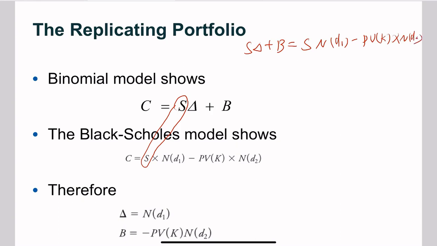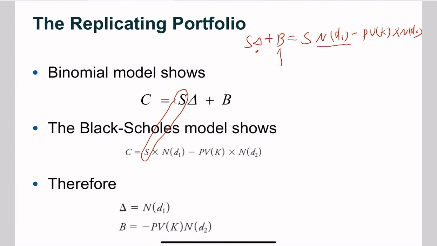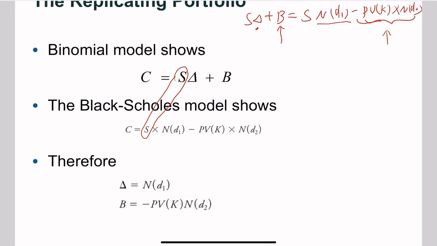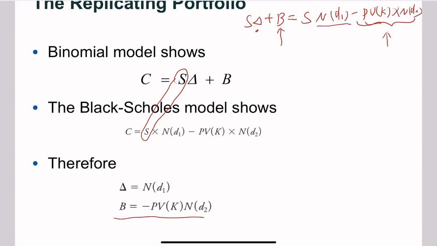If you compare the left-hand side with the right-hand side, you can see that this guy equals this guy, and this guy equals this guy. So basically, the Black-Scholes model gives us a very quick way to calculate delta and B. You can see that B equals this and delta equals this, right?